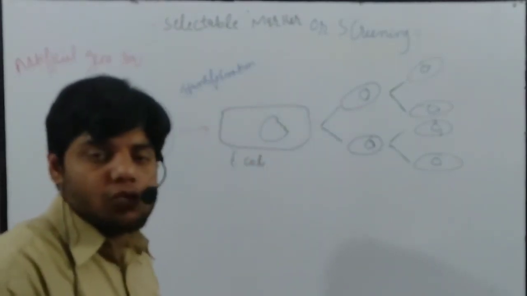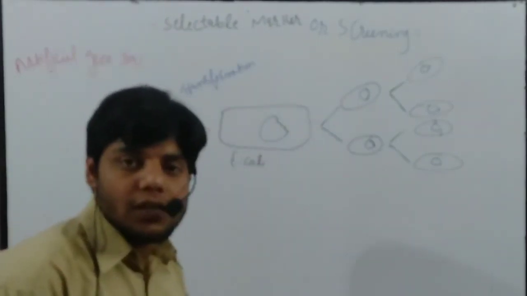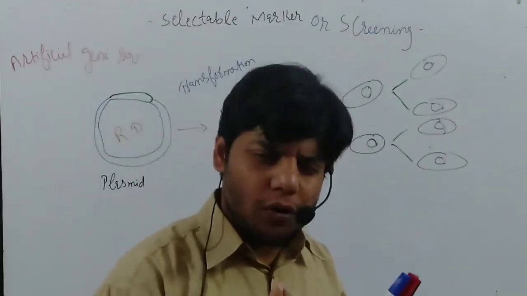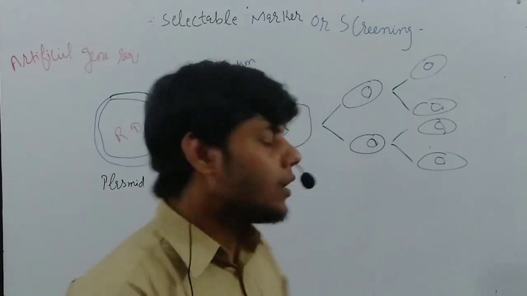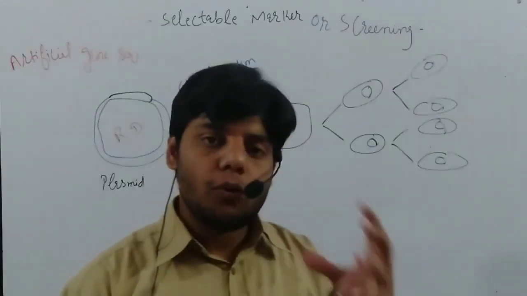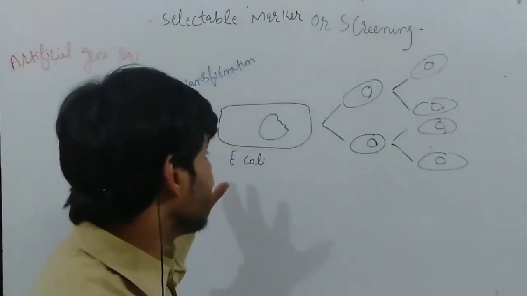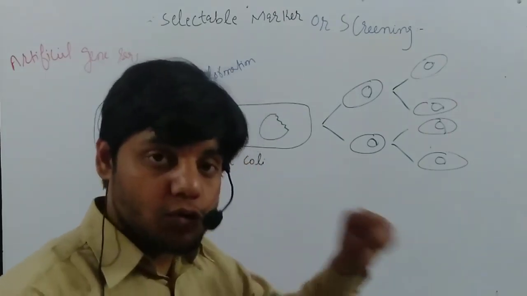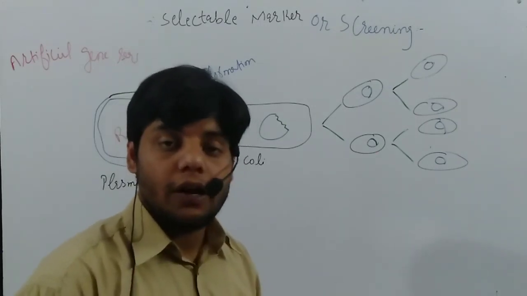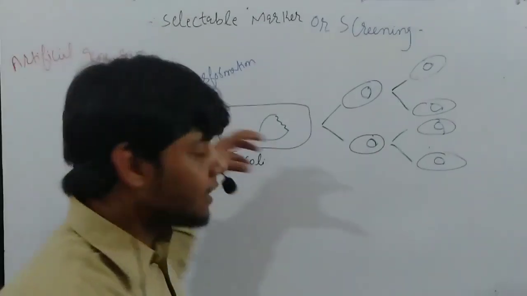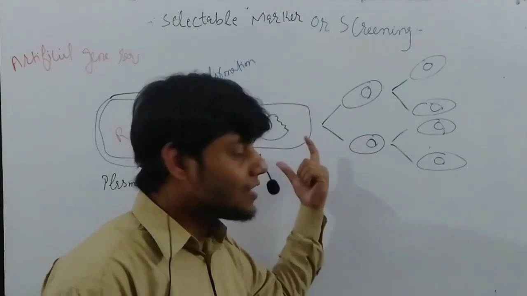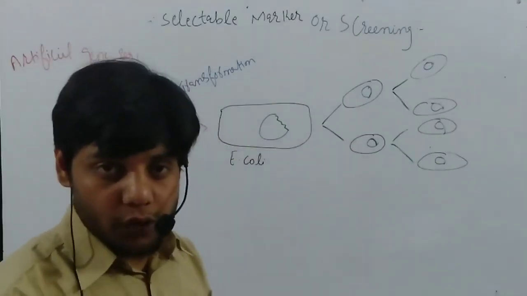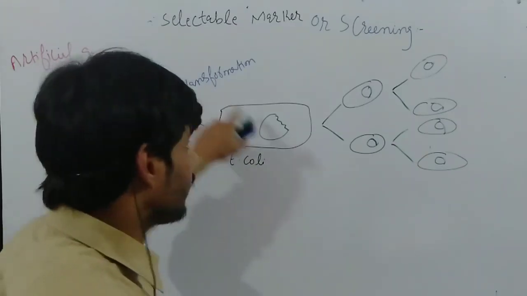During transformation, we treat the bacterial cell with calcium chloride, or we provide a small electric current to the bacterial cell, due to which pores are created and the bacterial cell can forcefully take up the plasmid which contains our target DNA. Once they take the plasmid, such bacteria divide and grow, due to which our target DNA is also growing and dividing. That is called transformation.